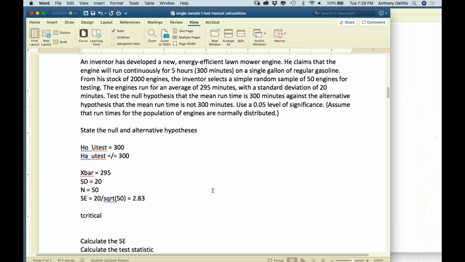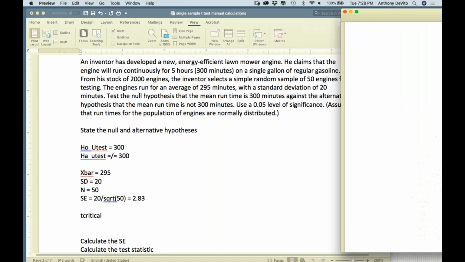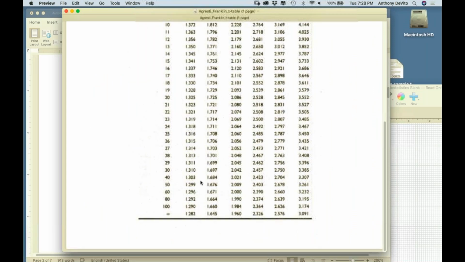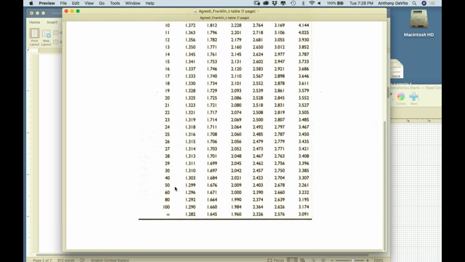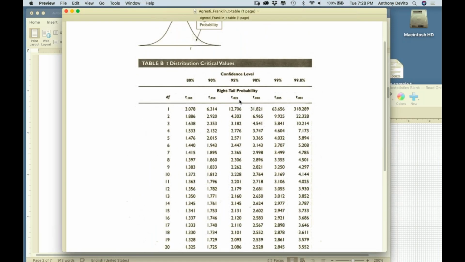How big a t-value do I need to have in order to reject this null hypothesis? Okay, so what was our sample size this time? Our sample size was what? 50. So I'm going to use 49. There is no 49, so I'm going to stick with 50. And I got to use this column here for 95%.